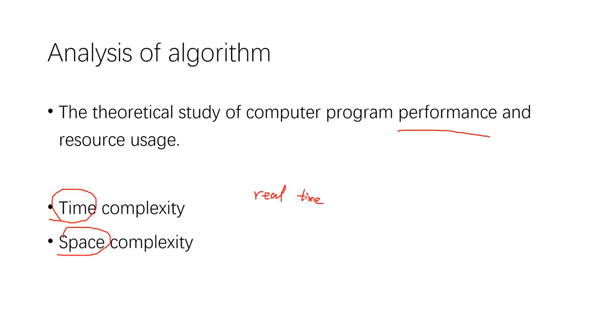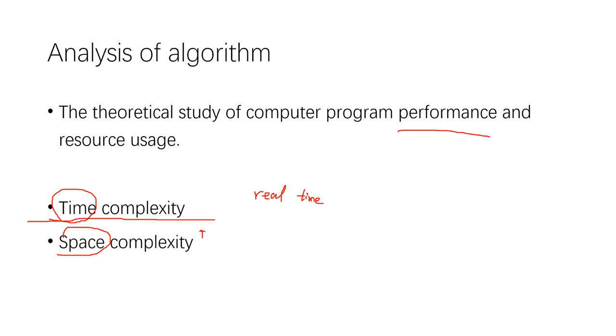In our textbook and in our class, we'll mainly talk about the time complexity, because the methods to analyze the space are much similar to the time, and it's not as important as time.